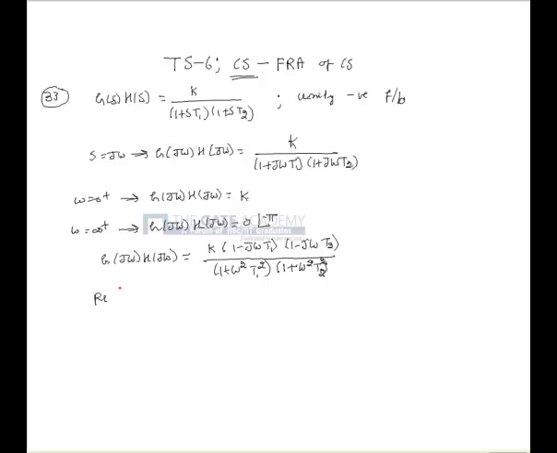From this, the real part of G(j omega)H(j omega) is K into (1 minus omega square T1 T2) divided by (1 plus omega square T1 square) multiplied by (1 plus omega square T2 square). Also, the real part is 0 for omega is equal to 1 by root T1 T2.